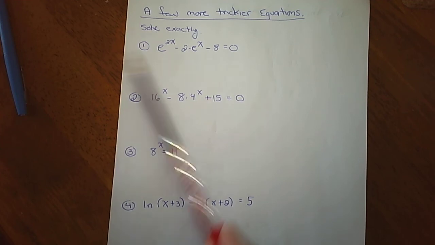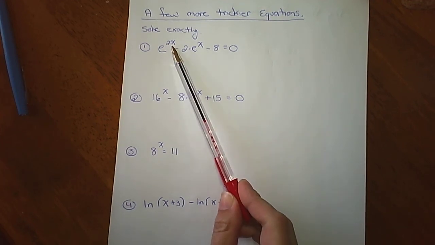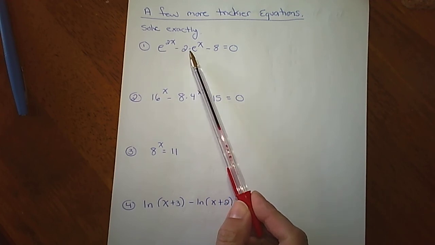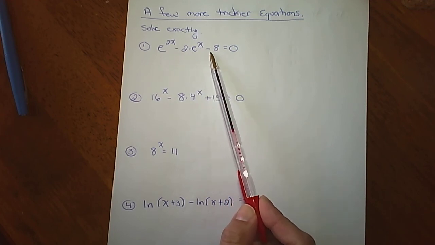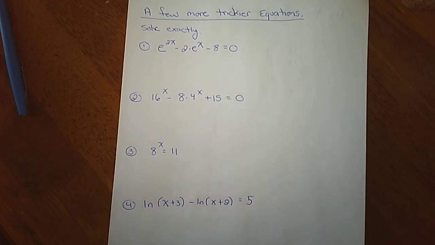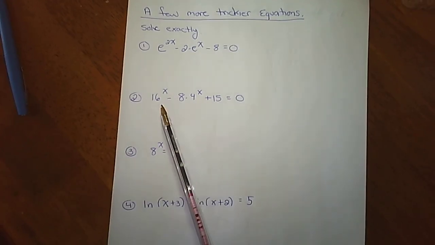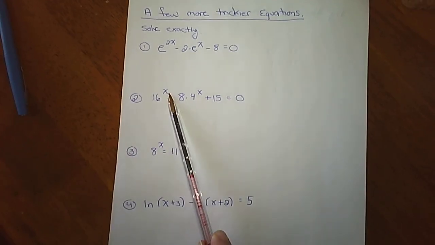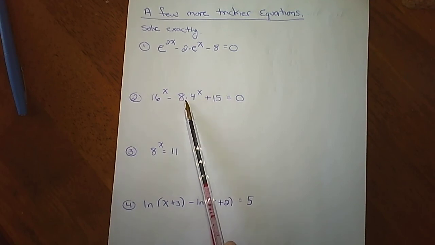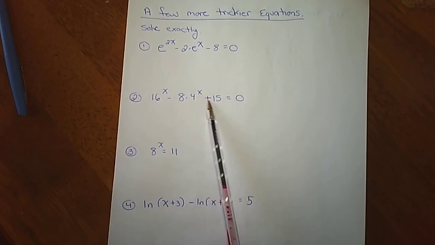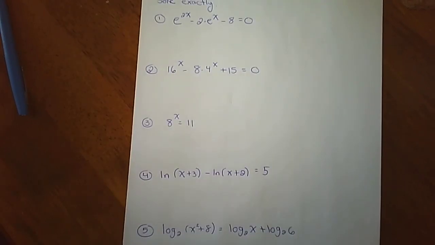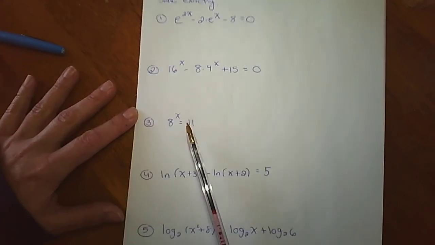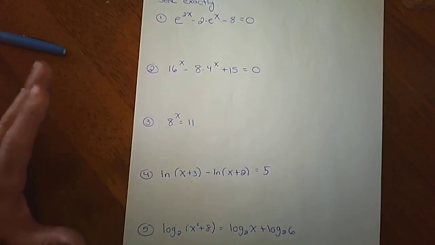The 5 questions are: e to the 2x minus 2 times e to the x minus 8 equals 0. The second question is 16 to the x minus 8 times 4 to the x plus 15 equals 0. The third question is 8 to the x equals 11.